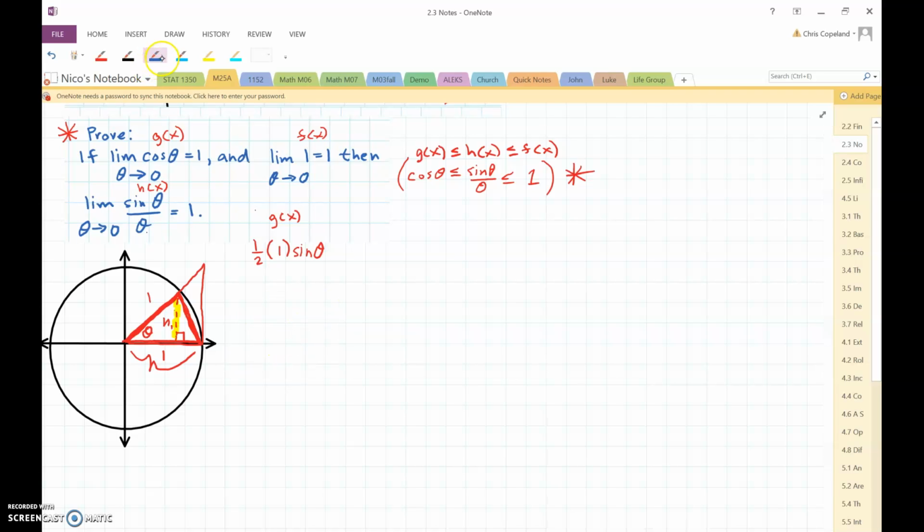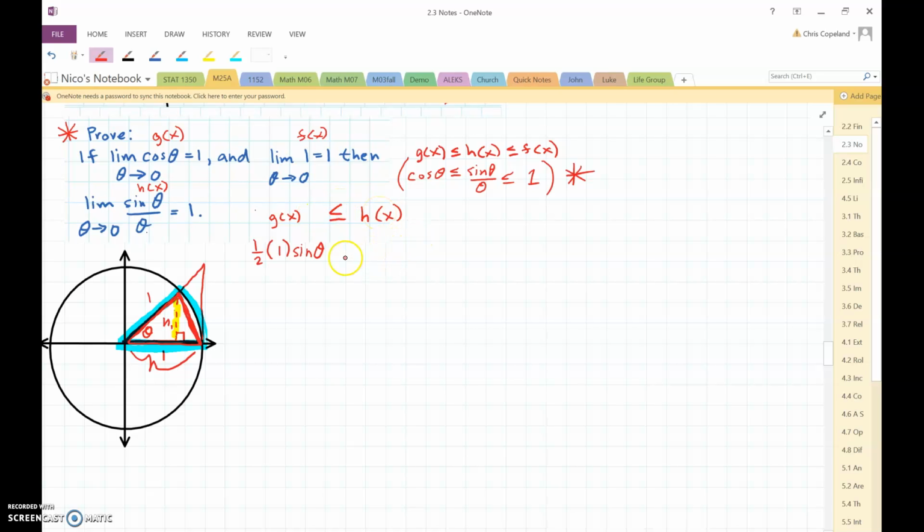Next, let's look at the area of this sector that I'm highlighting in blue here. Okay? So we'll call this h of x, and that should make sense that g of x is less than or equal to h of x.